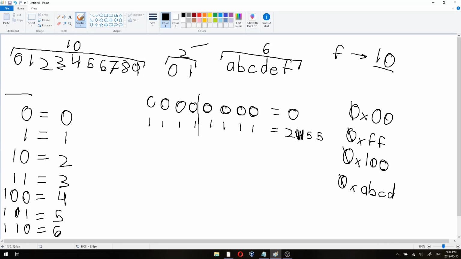Now, building off of these systems, we have a single byte, which is 8 bits here. And we have our hexadecimal system where 2 digits is equal to 1 byte as well. And this is where it gets really interesting with our ASCII system.